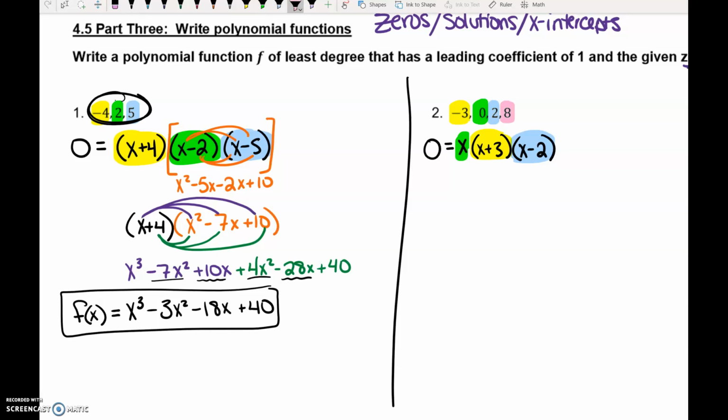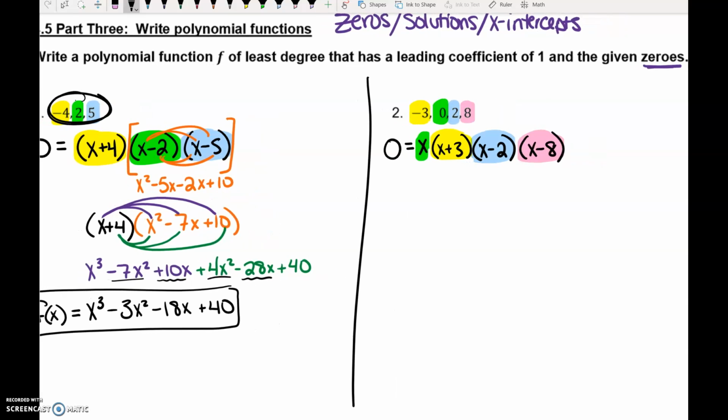And a solution of 8 would come from x minus 8. Okay, this one, because there's 4 solutions, that means it's a 4th degree polynomial. It's going to end up being x to the 4th. So we have a little bit more work to do here.